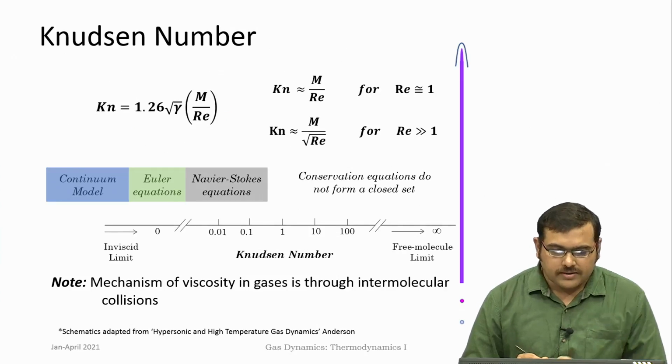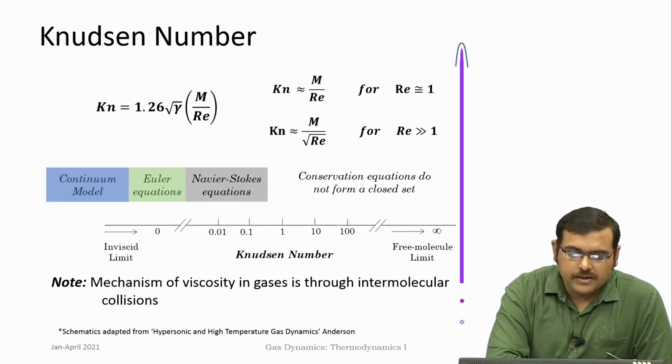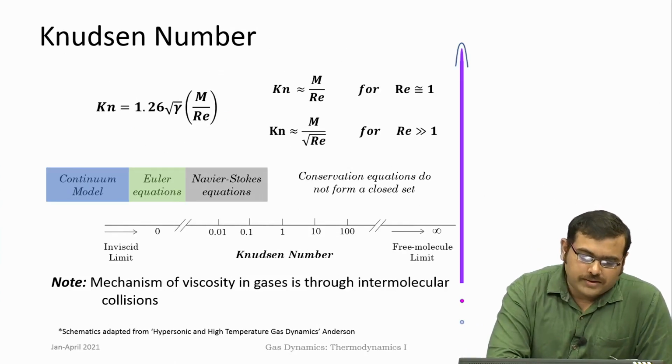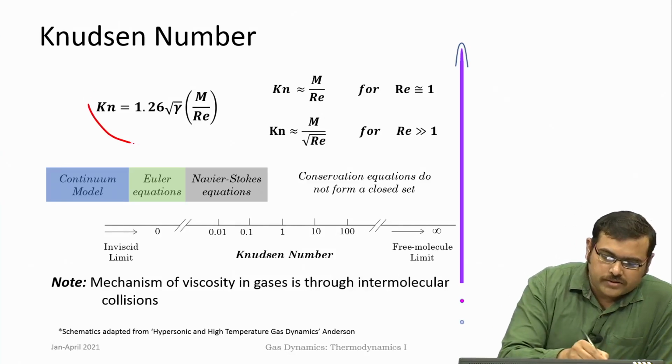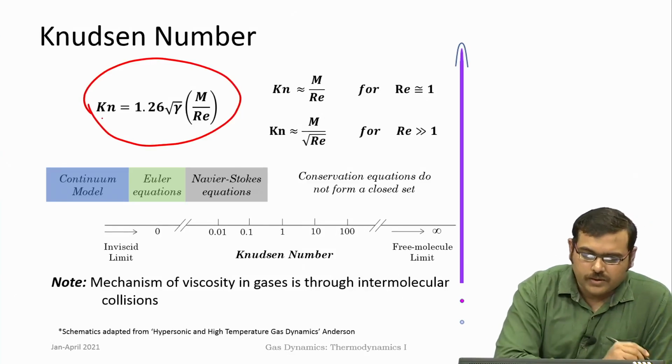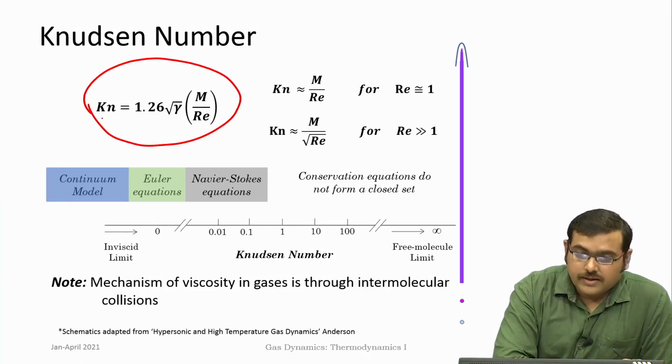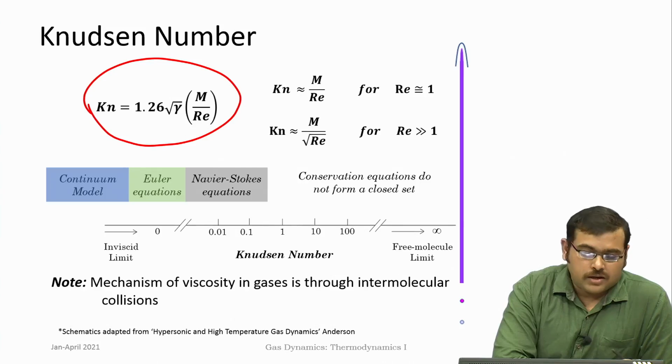The Knudsen number can also be related to the Mach number and Reynolds number by this equation. So it can be related to these fluid flow numbers.